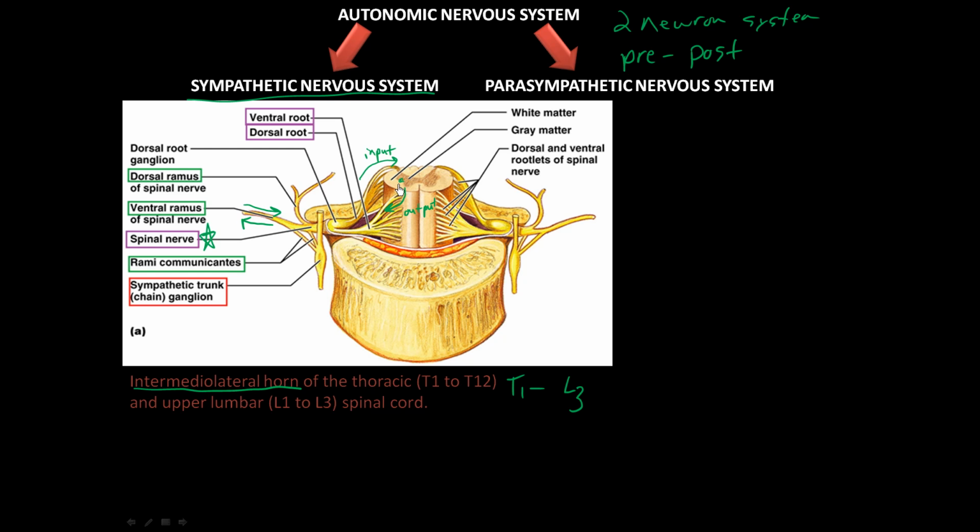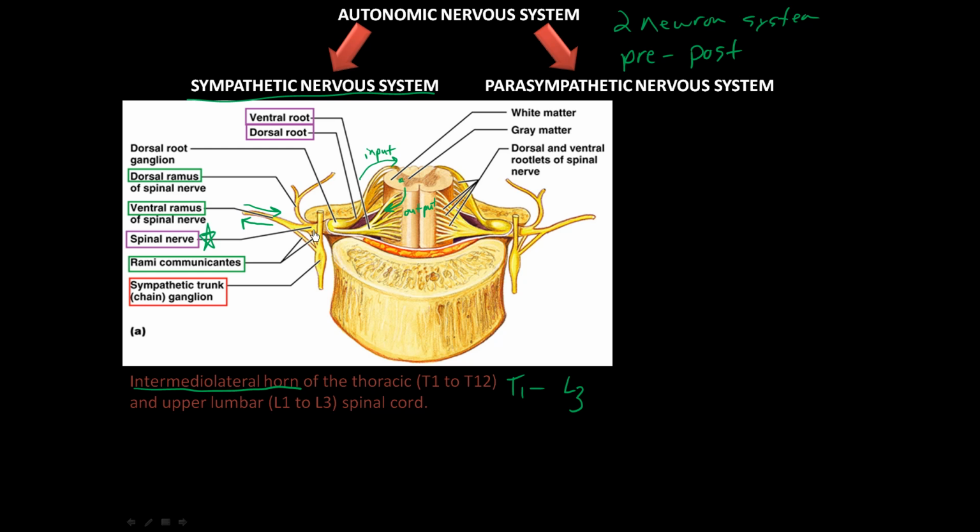The preganglionic neuron, the first neuron of the sympathetic nervous system, starts here. The nucleus is in the intermediolateral horn of the spinal column at the T1 to L3 levels. It comes out through the ventral roots and passes in front of the dorsal root ganglion.